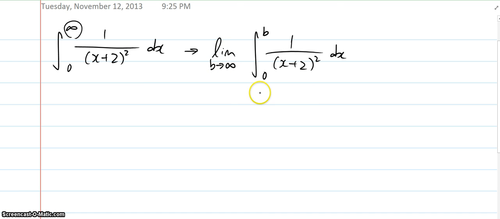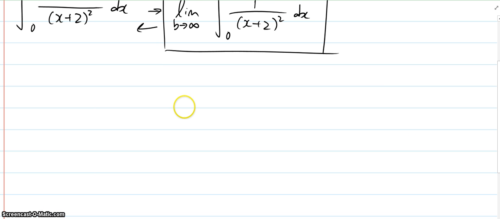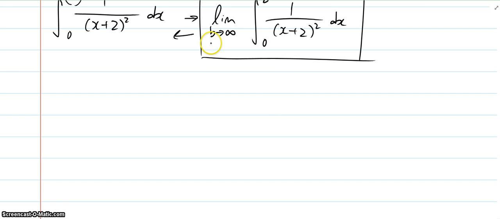So actually this means the same thing as this, but we change into this form so we can actually integrate following the rules. After taking the limit, it's all easy.